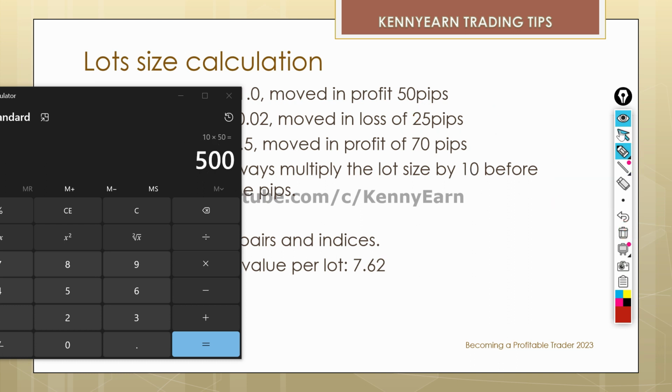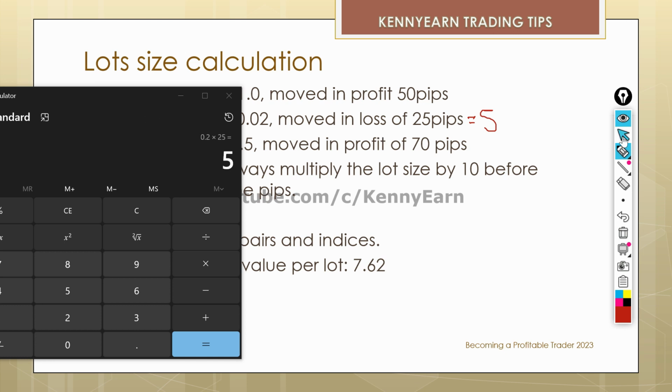So 0.02 times 10 is going to give me the units of the lot, and then I'm going to multiply it by the pips. That means I lost $5. That's how it works. You see, that means I lost $5.